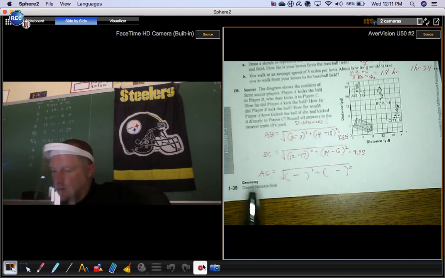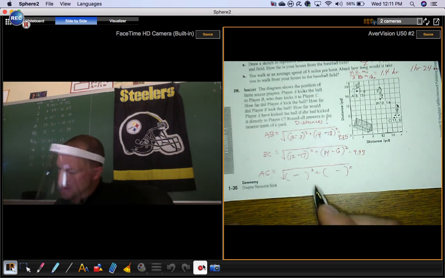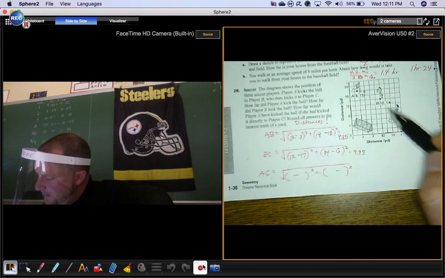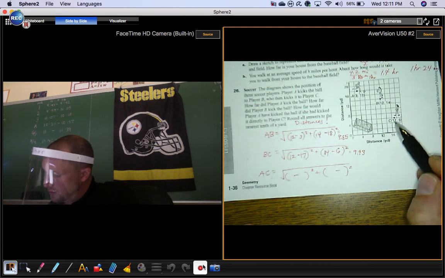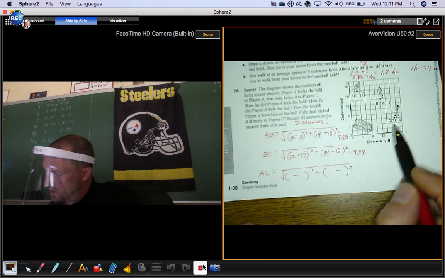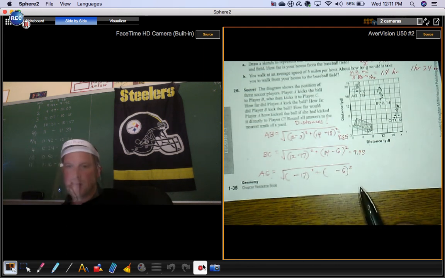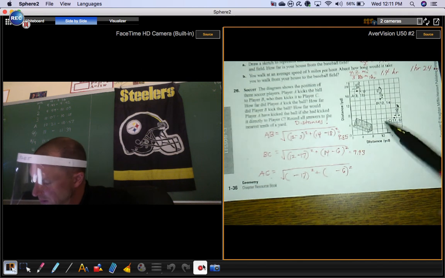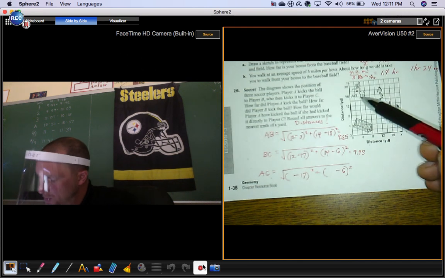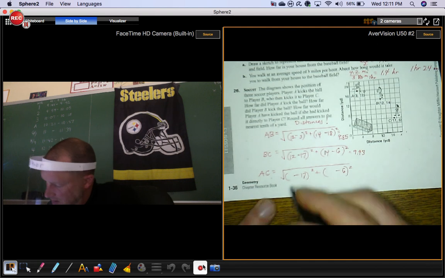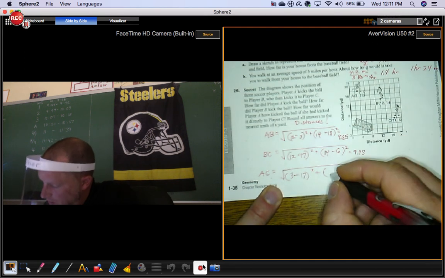Last one. We need the distance from A to C. So we already have our coordinates from C in these positions, so if we keep those, we'll save some time and some brain power. We need to incorporate player A into this. This is the X value. This is the Y value.